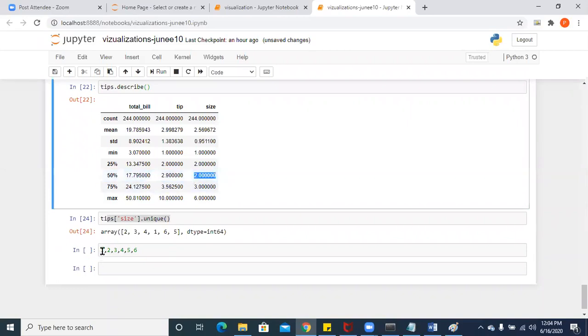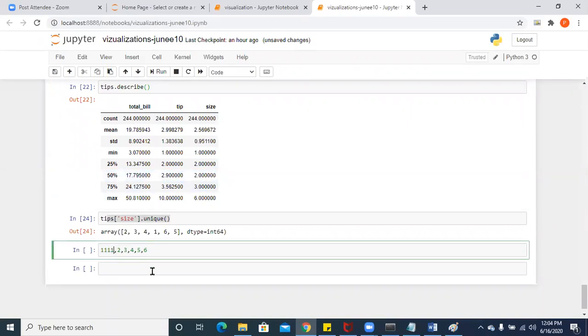The reason is you might have 1, 1, 1, 1 or 1, 1, 1, 1, 2, 3, something up to 244 values.